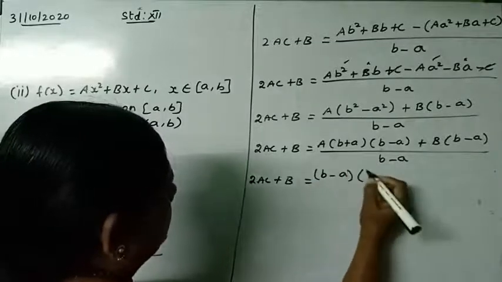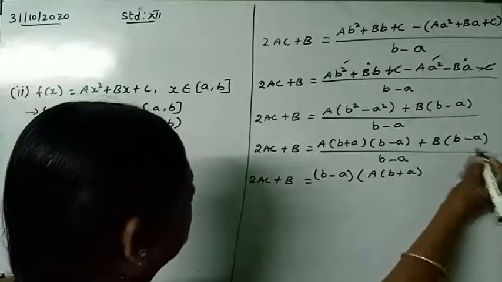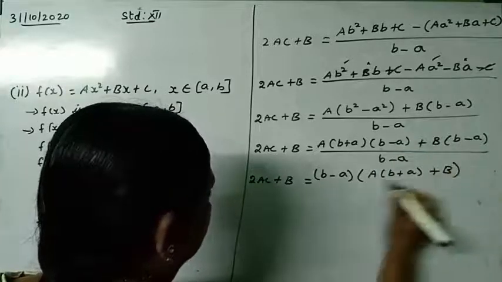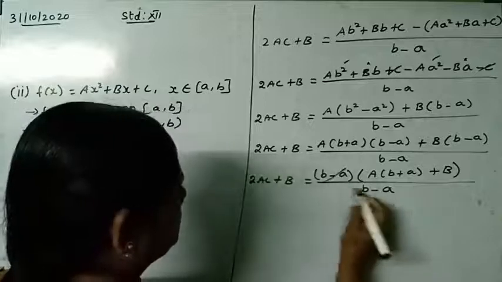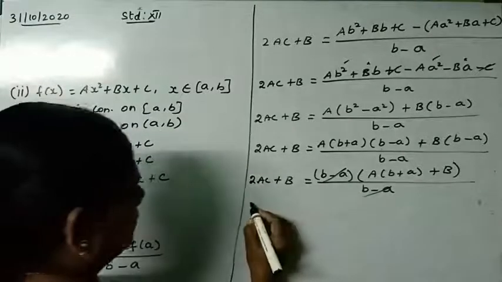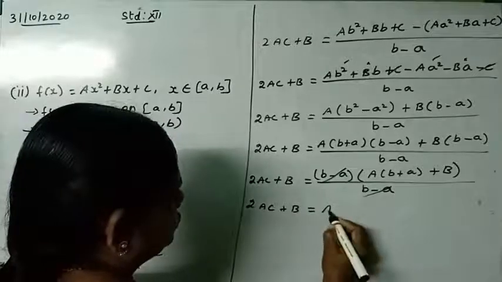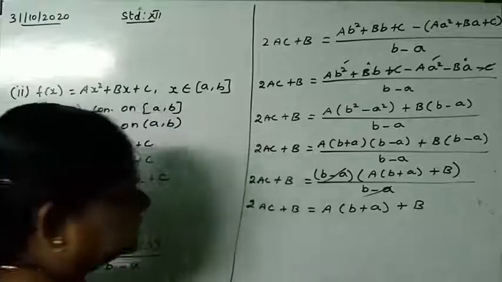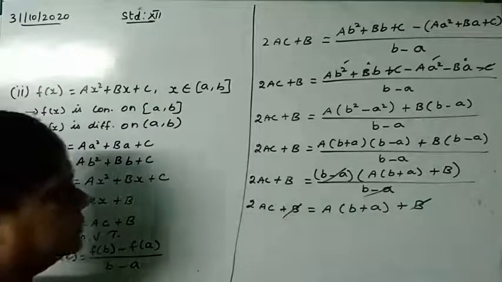Taking this out, the balance is a into b plus a, and in b, the b minus a has gone out, the balance is b, divided by b minus a. Now these two get cancelled. Now it is 2ac plus b is equal to a of b plus a, plus b is remaining. Now plus b and this b get cancelled.